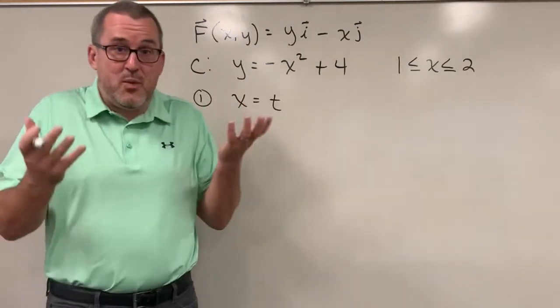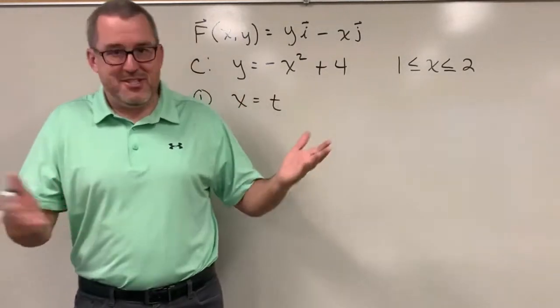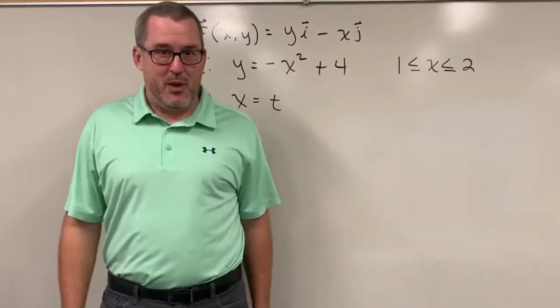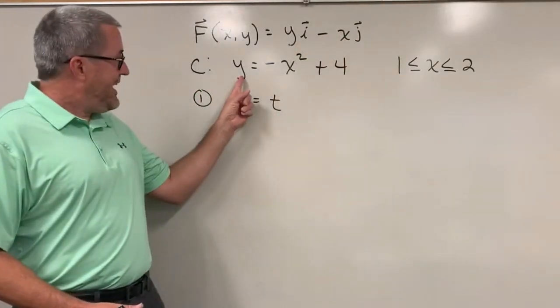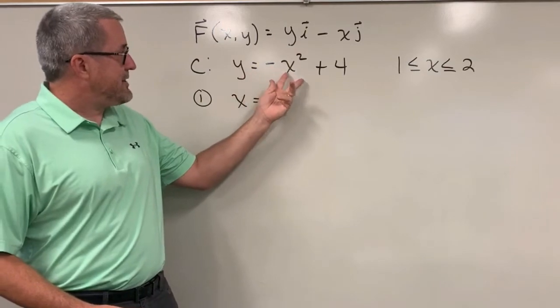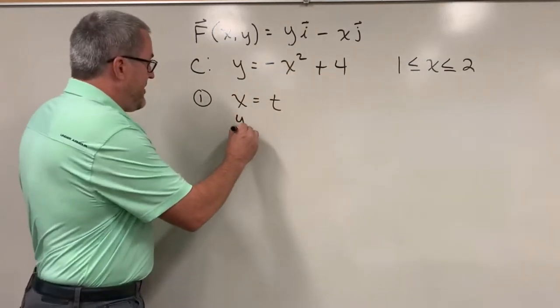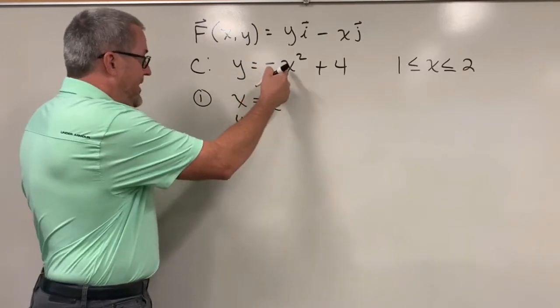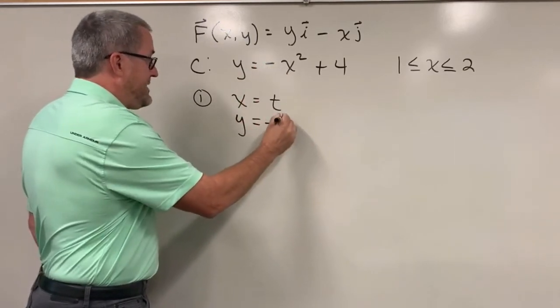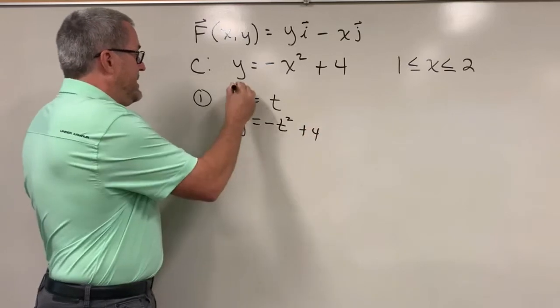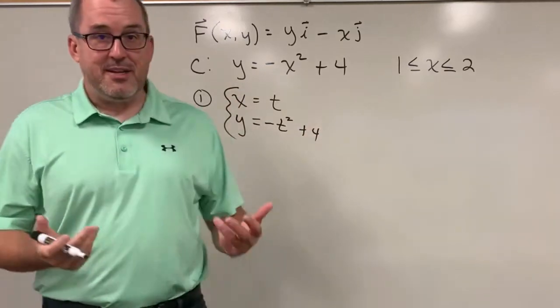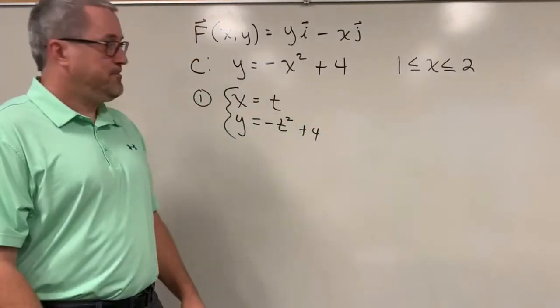Now, once we make that decision, we don't just get to do whatever we want for y, because y is defined by negative x squared plus 4, and if we do let x equal t, then y must be negative t squared plus 4. So here is the parameterized version of that parabola.